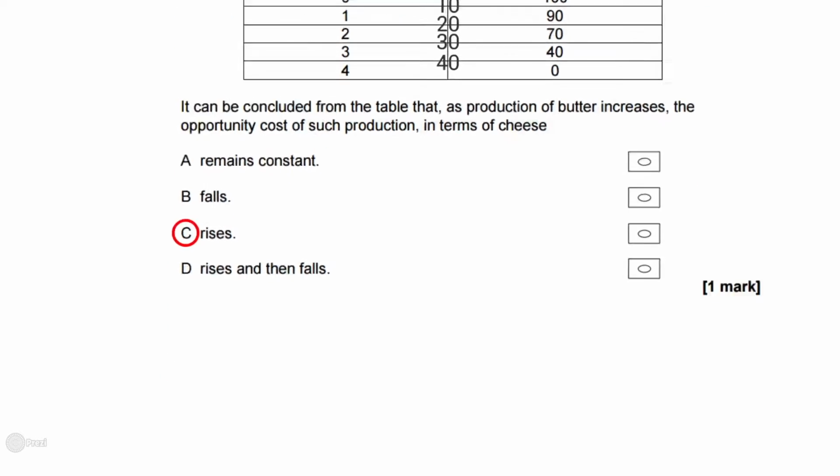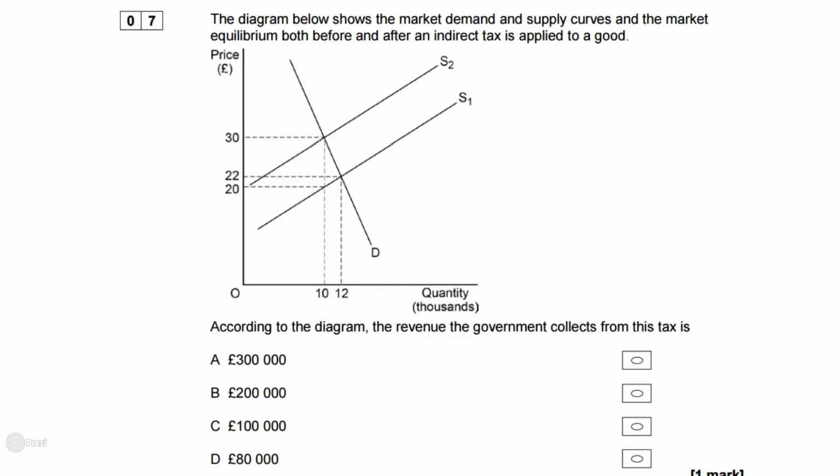Question 7. The diagram below shows the market demand and supply curve and the market equilibrium both before and after an indirect tax is applied to the good. According to the diagram, the revenue the government collects from this tax is, and there are some options there.